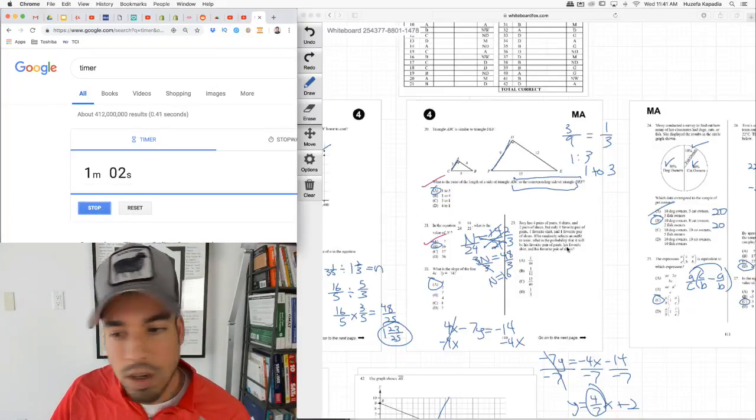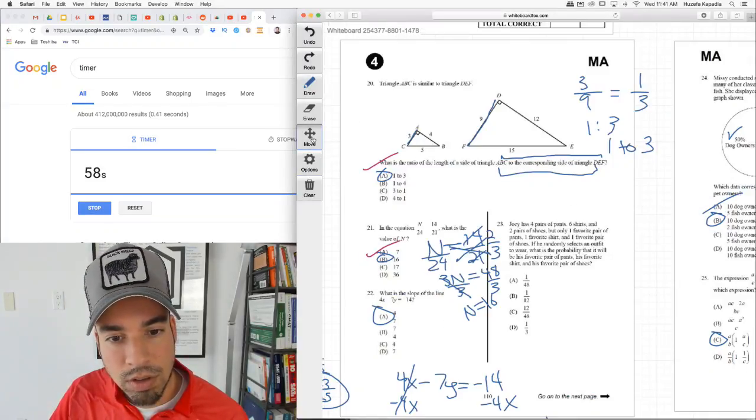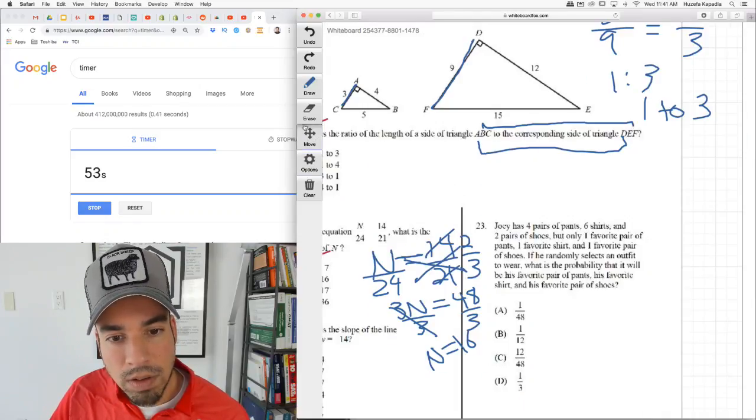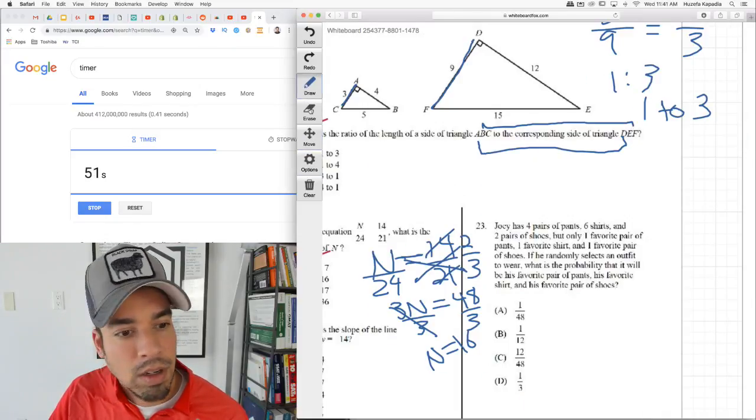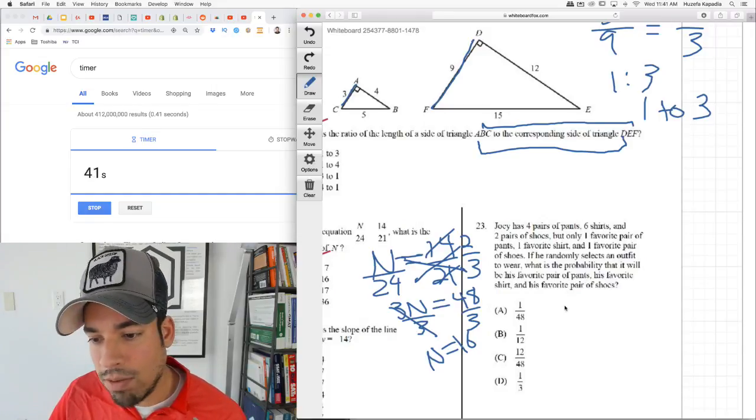Okay. Joey has 4 pairs of pants, 6 shirts, and 2 pairs of shoes. Only 1 favorite pair of pants, 1 shirt, and 1 shoe. He randomly selects an outfit. Randomly, we want the favorite one. He's only got 1 of each, so it's 1.